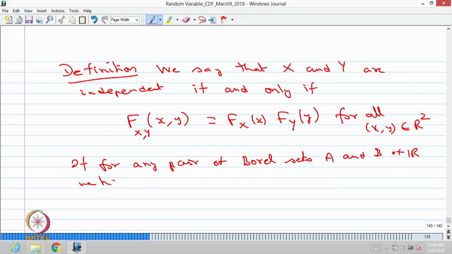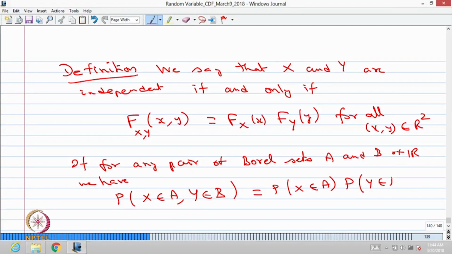Then, if two random variables are independent, the probability of X belonging to the Borel set A and Y belonging to the Borel set B is the same as the probability of X belonging to A multiplied by the probability of Y belonging to B.